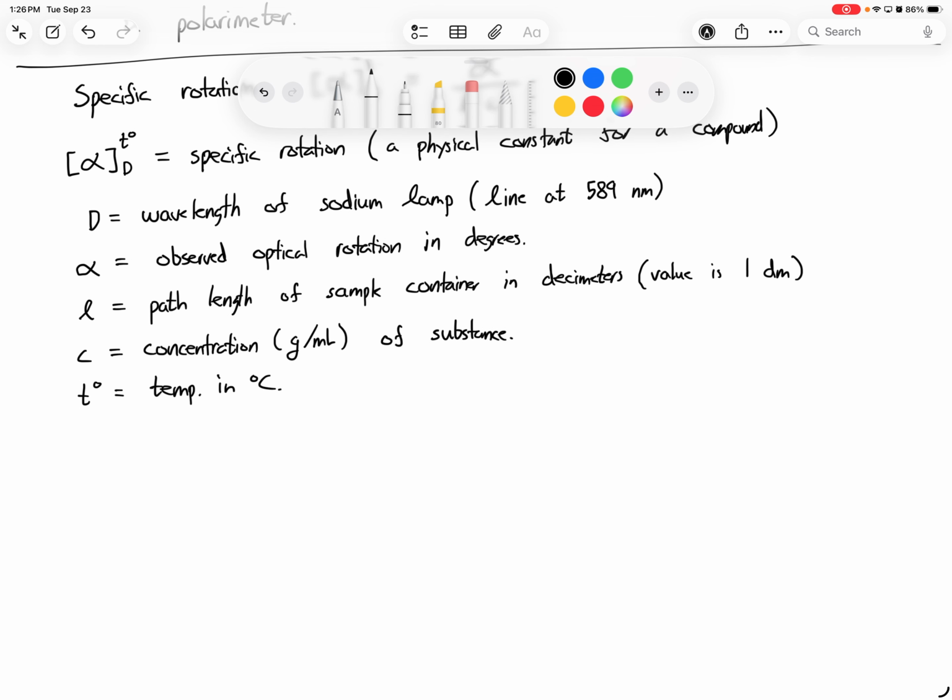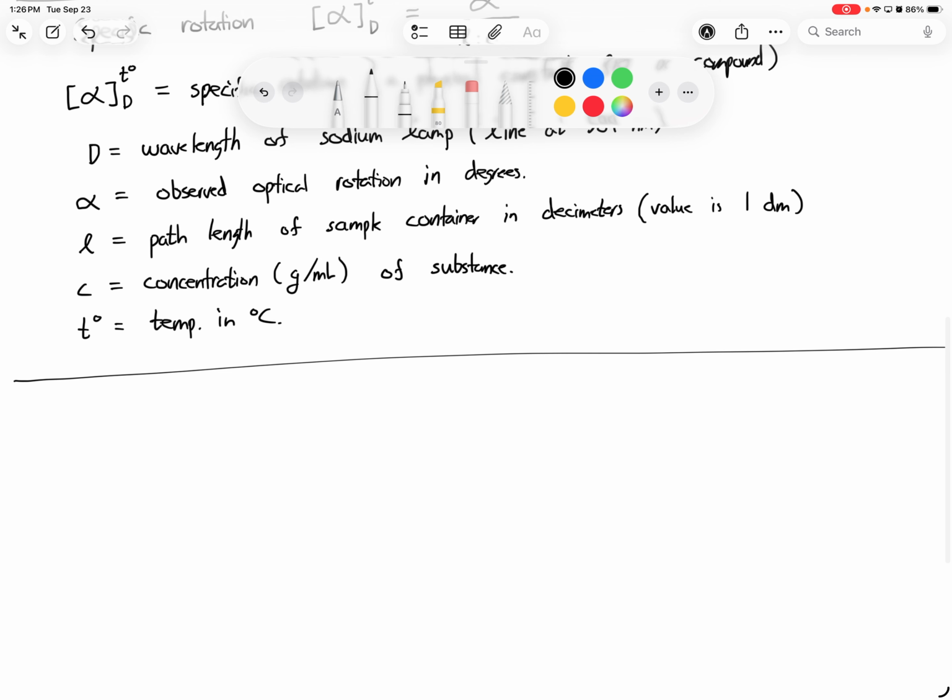All right, so that's specific rotation. Now let's talk about enantiomers. What happens when you put them in a polarimeter? Enantiomers are mirror images. What you should refer to this as is that it rotates plane polarized light.